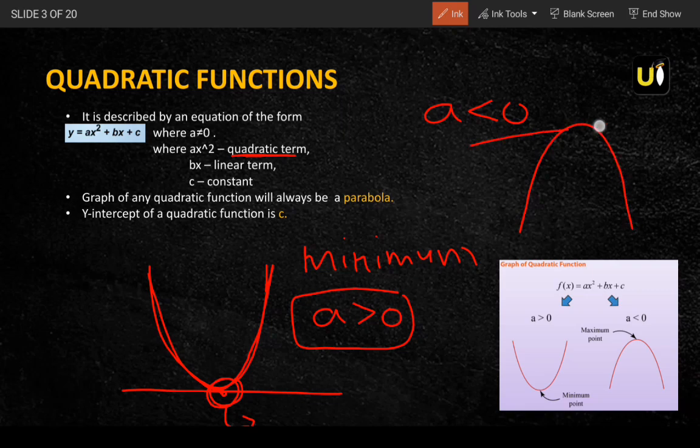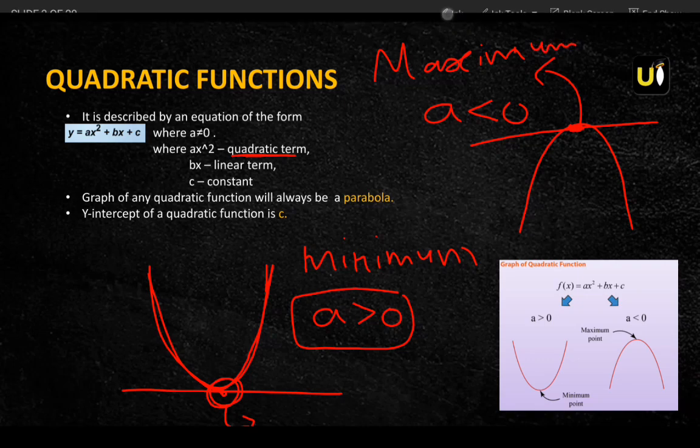Next, slope of a quadratic function. For a function y is equal to ax square plus bx plus c, the slope m is delta y by delta x, that means differentiation of y with respect to x.